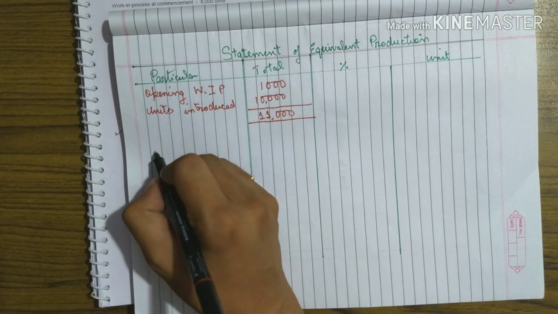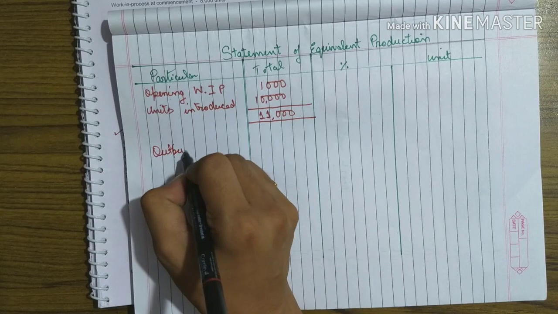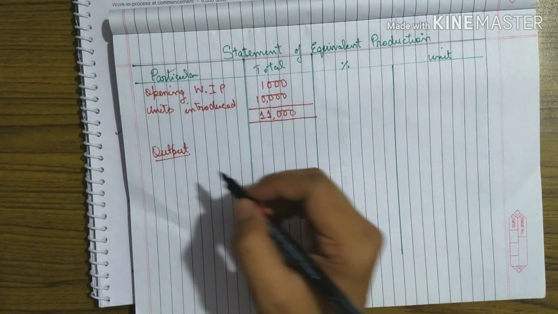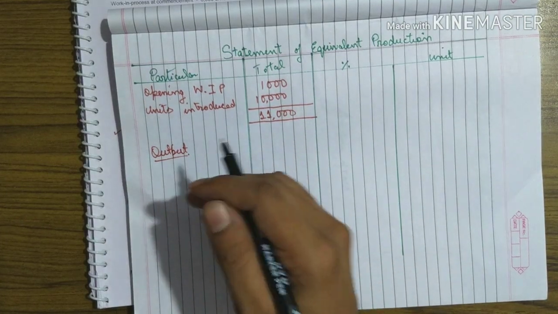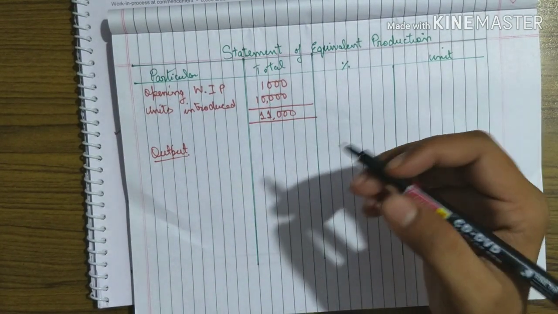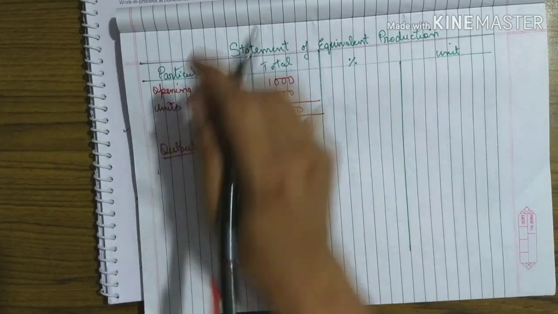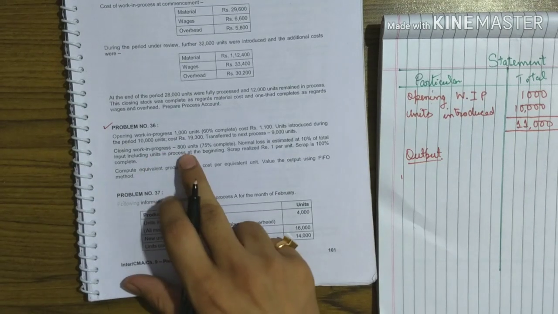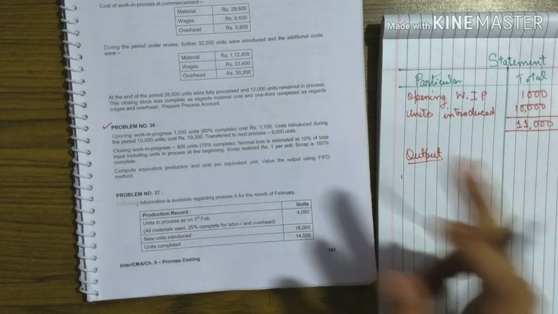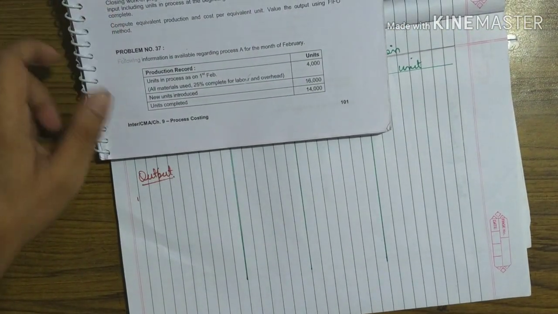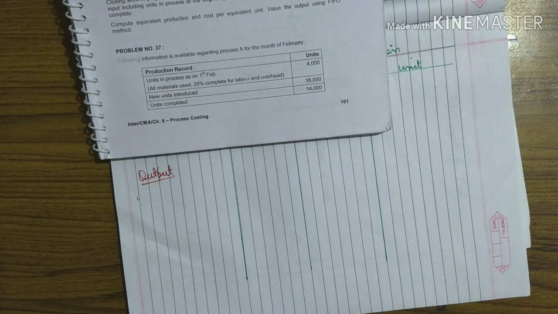So now we'll calculate the output. In the question we can see that closing WIP is 800 and the completion is 75%.